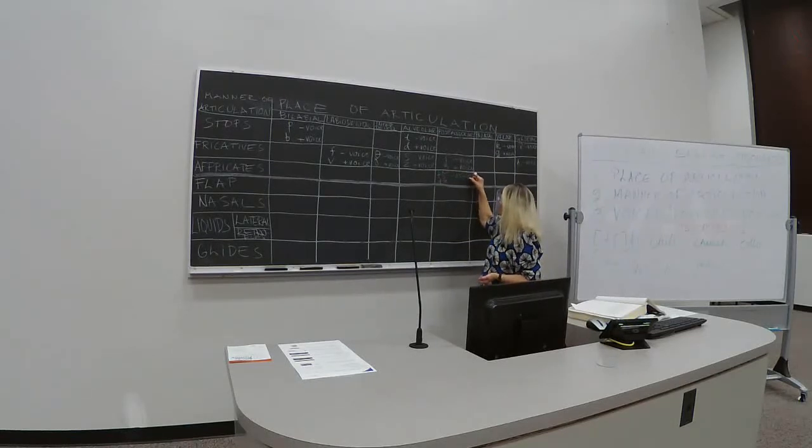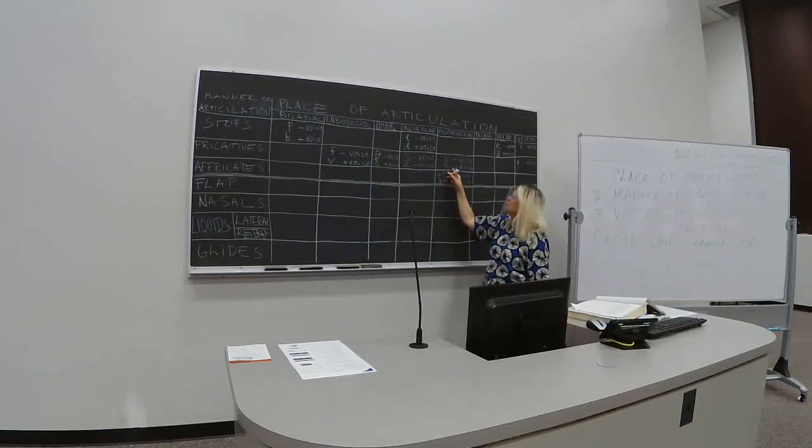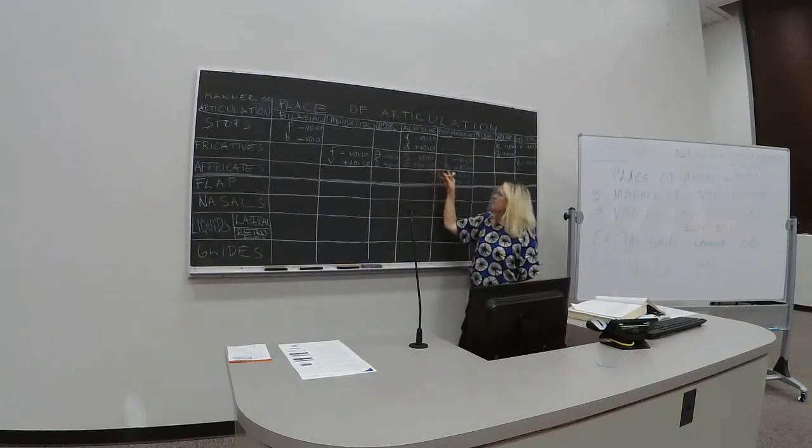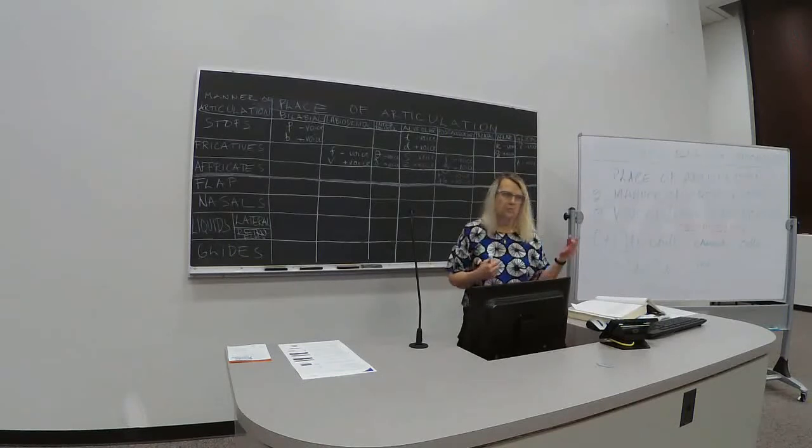For the voiced one, that's plus voice. For the j, we start from a position of a d and then move quickly to the post-alveolar fricative position. So j. So we have ch and j. This is sometimes called dual articulation, but it happens so rapidly that this is conceptualized as one sound.